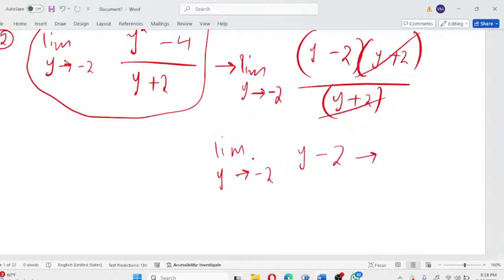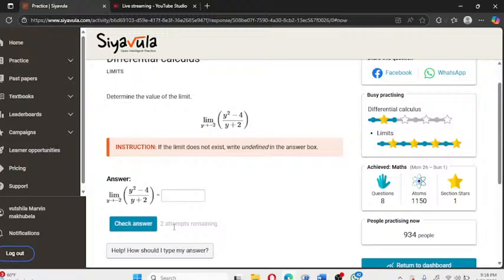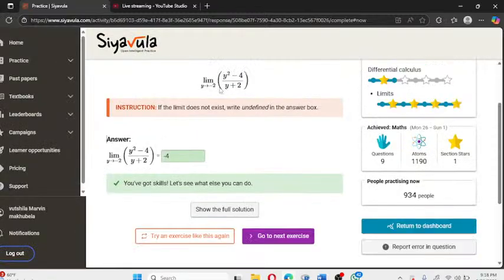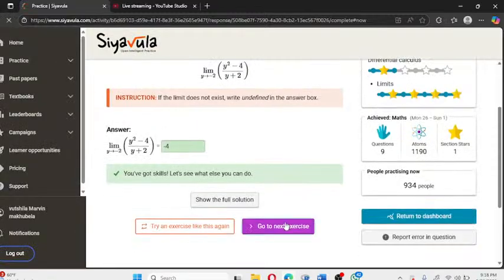It's going to be negative 2 minus 2, so our final answer is going to be negative 4. So let's submit our answer. Negative 4. Correct. Okay, let's go to the next question.